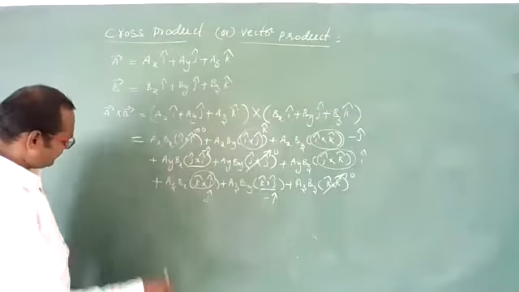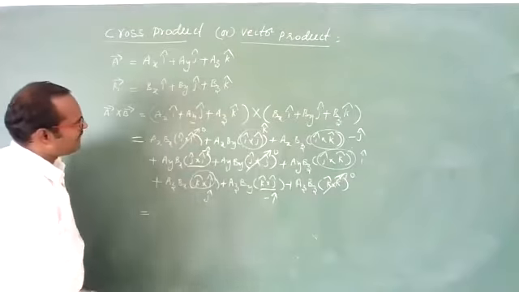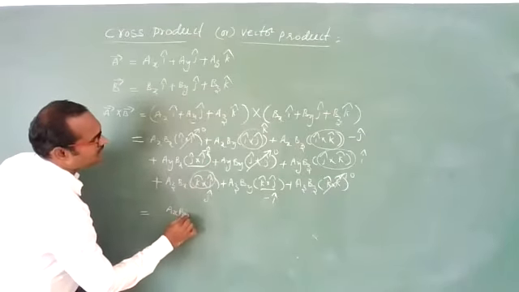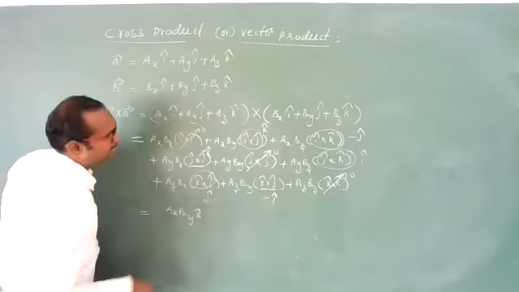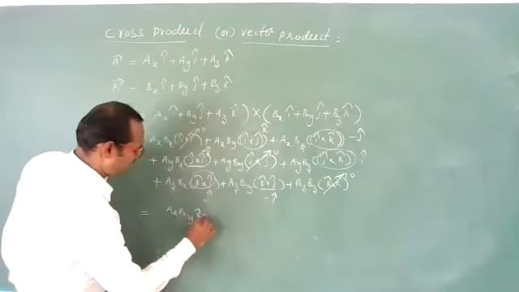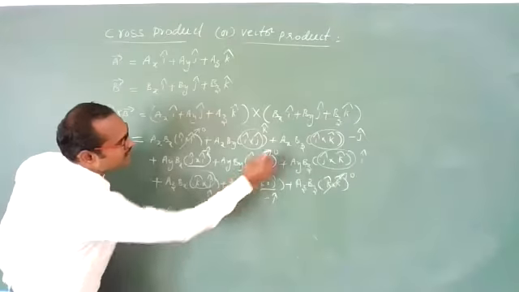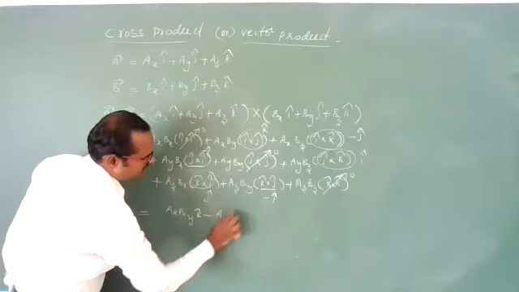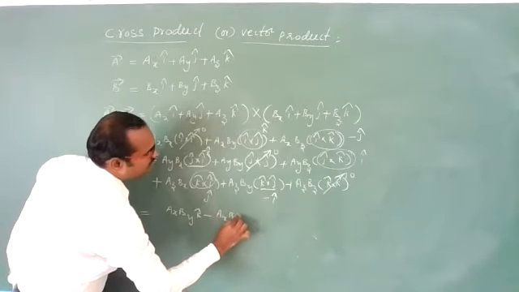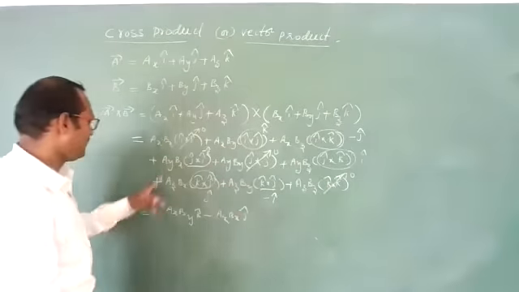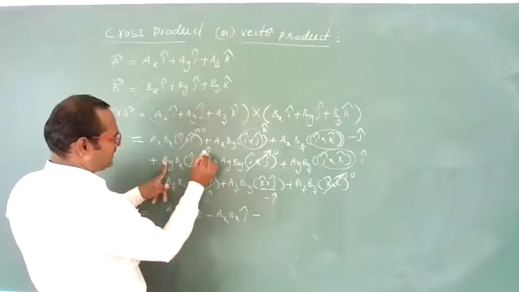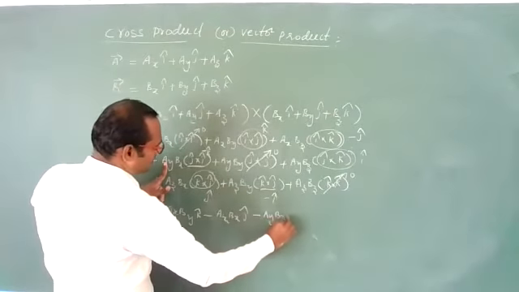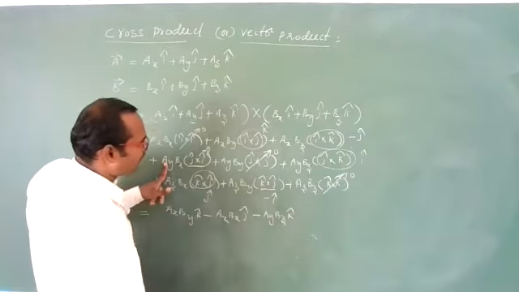Finished. Everything right. So what you are having, this 0, this is Ax, By, K cap, minus, here minus is there. Ax, Bz, J cap. Now here, again minus is there. Ay, Bz, K cap.